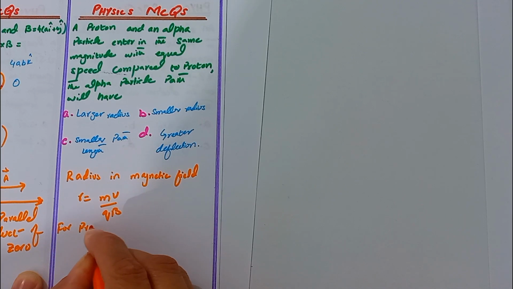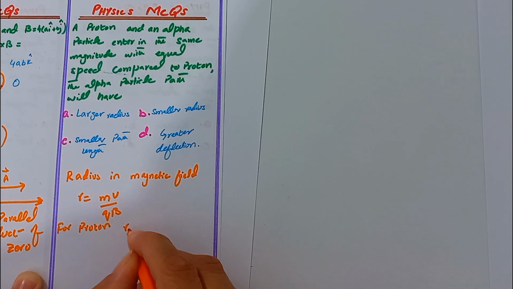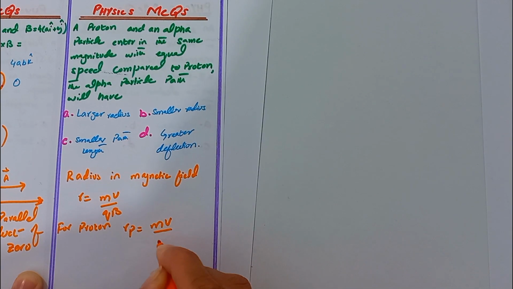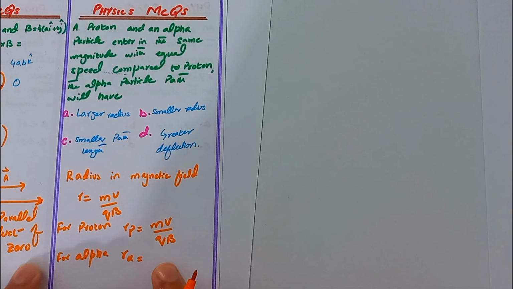For the proton, the radius of the proton is mv over qB. For the alpha, the mass of the alpha is 4m, so we write 4mv, and the charge of the alpha is 2q.